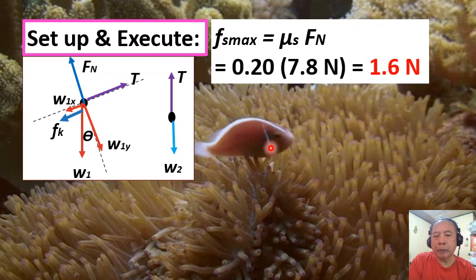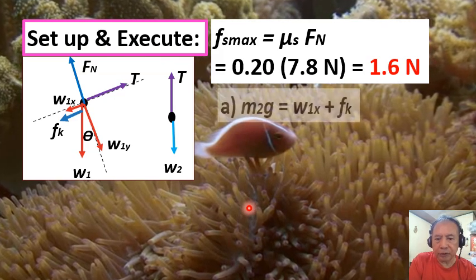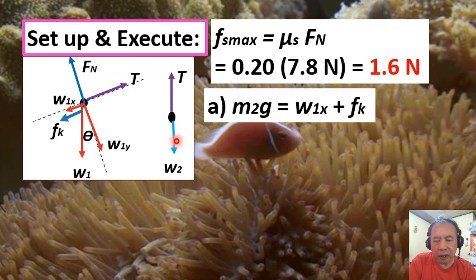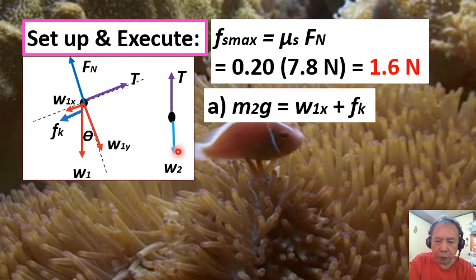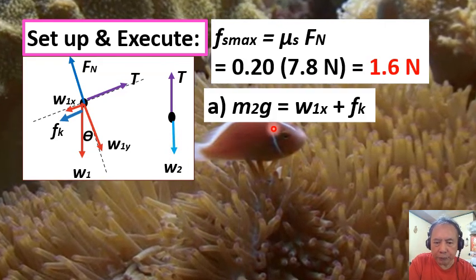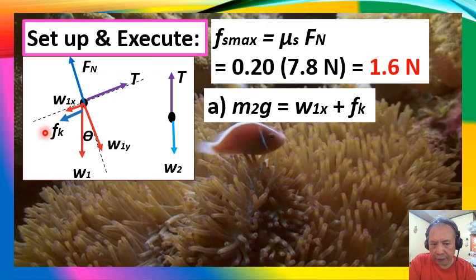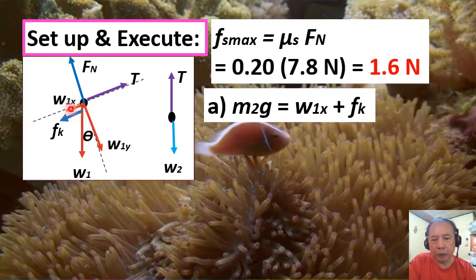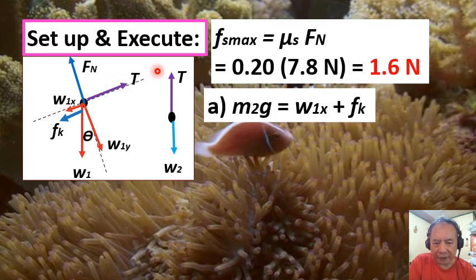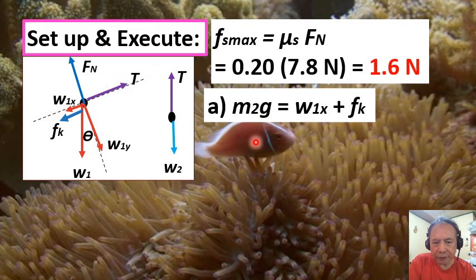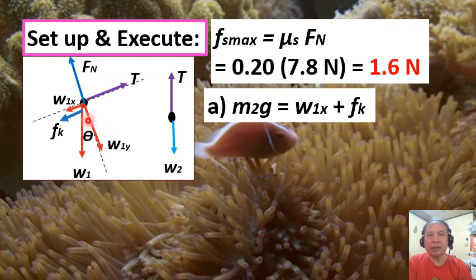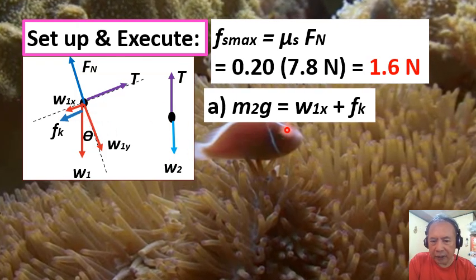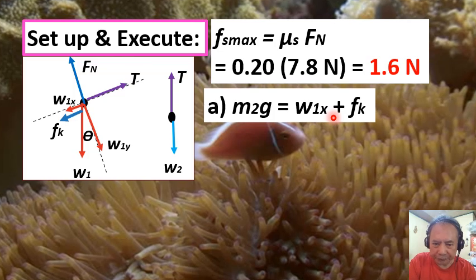And moving on now to our main question, question letter A, where we are asked to determine the mass of block number 2, or M2, such that the system, or specifically mass M1, will be moving up the incline. All right? So we treat the two blocks, M1 and M2, as a two-block system.